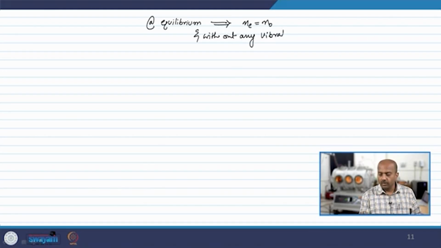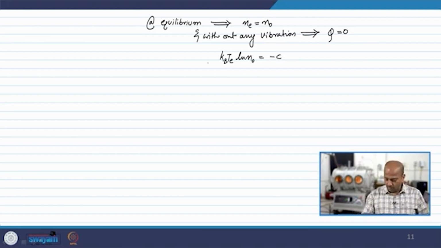So, when things were not set into motion, we can simply write φ = 0. These two conditions can be considered as the initial conditions for the plasma. In that case, putting these back into the equation, we can get the value of C, which is C = −k_B T_e ln n_0, where n_0 is the undisturbed number density.